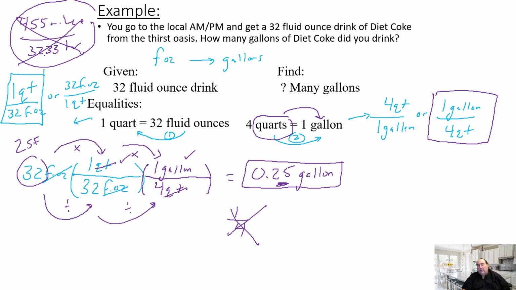Don't do that. So never give an answer as a fraction. Divide it out. And if you do have 2 units, you should end up with just one number. Or if you have 1 unit like we do here, you should end up with 1 number. So never give an answer as a fraction. Divide it out, get a number.